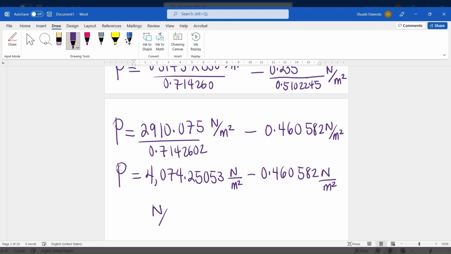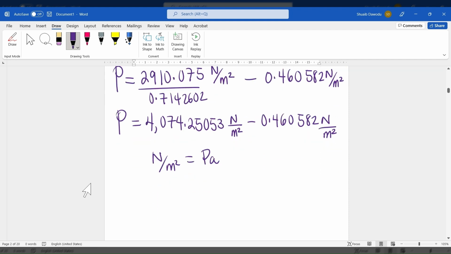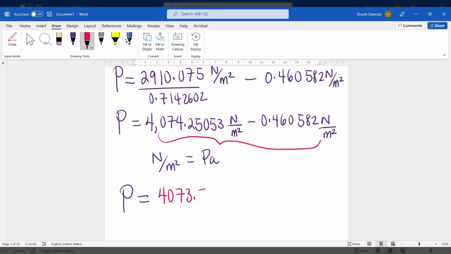Let's not forget Newton per meter squared is the same thing as Pascal, so I'm just going to write it in Pascal form. So pressure ends up becoming this information here minus this information here. When you do the subtraction, you end up getting 4,073.78995 Pascal.